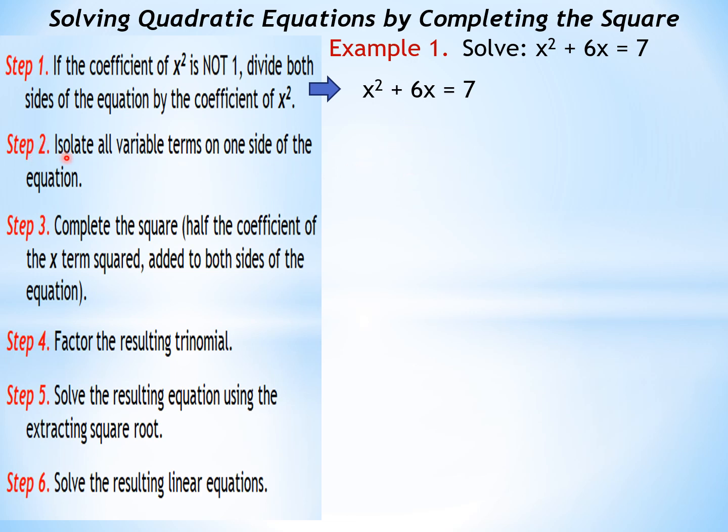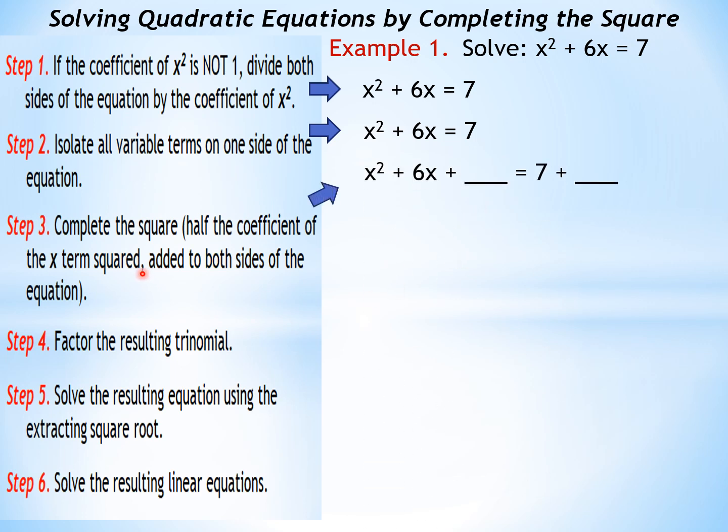Step number 2, isolate all variable terms on one side of the equation. Yung x squared at 6x, nandito na sa left side, yung constant naman nandito na sa right side. Copy din ulit. Step 1 at step 2, hindi na natin ginawa kasi given na siya sa equation.